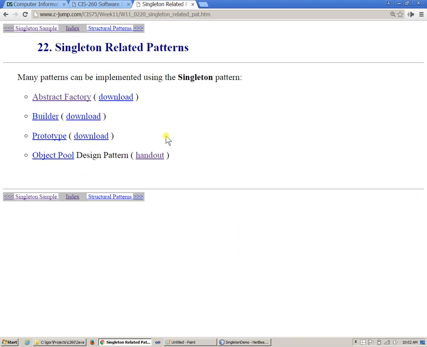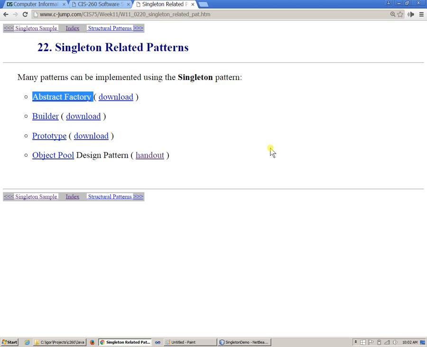Because oftentimes, if you have an abstract factory, which we already talked about early in this class, that manufactures instances of other objects, it's very likely that you may want your abstract factory class to be a singleton, just one unique instance, so that before someone can manufacture objects, they have to get the instance of the abstract factory.